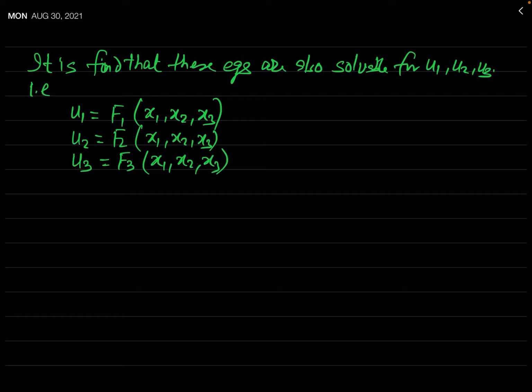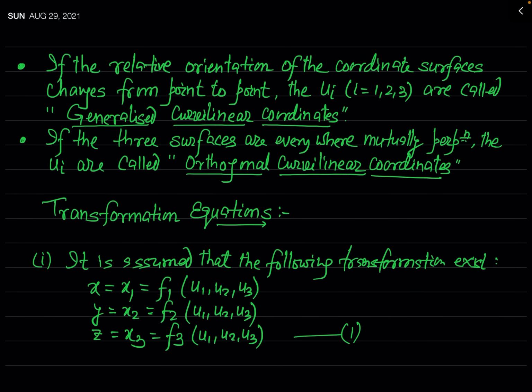So these are the transformation equations between the general curvilinear coordinates u1, u2, u3 and the Cartesian coordinates x1, x2, x3. Now see the figure.